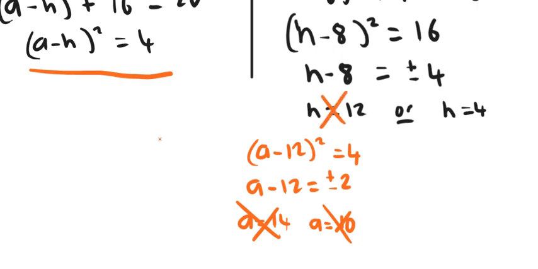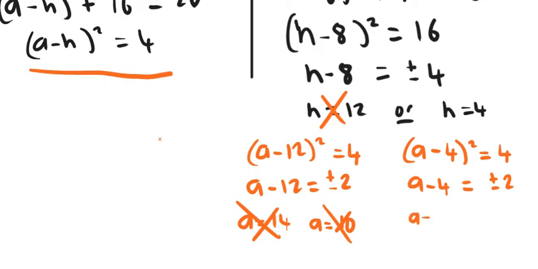Let's just double check that the other one works. So if I put it in, a minus 4 squared is equal to 4. Square root both sides again, I get plus or minus 2. So a minus 4 is equal to, well, 4 plus 2 would be a is equal to 6, or a is equal to minus 2 plus 4 would be 2.